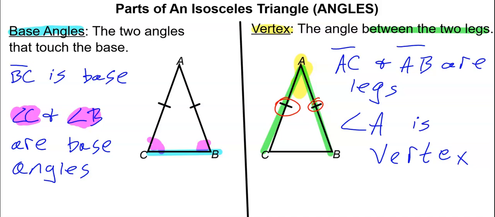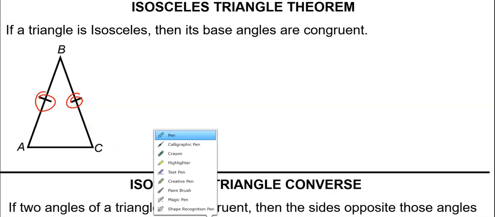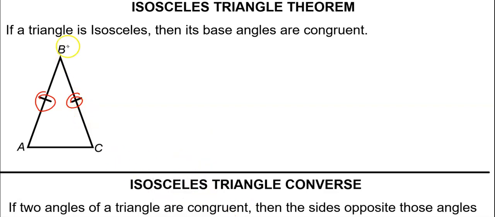Okay? Now, the isosceles triangle theorem. What makes these triangles so cool and fun? We are told if a triangle is isosceles, then its base angles are congruent. So looking at this, I want to do that in red. If I look at this triangle, what I see here is AB and BC are marked congruent. That's how I know this is an isosceles triangle, because these legs are marked congruent.